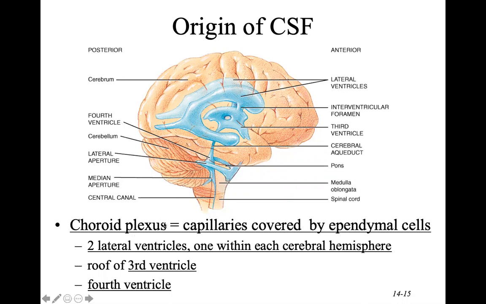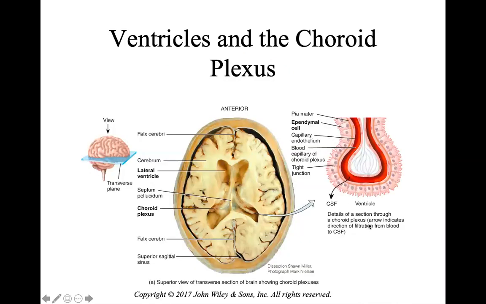The choroid plexus is a little capillary system that's covered by ependymal cells. And those ependymal cells are responsible for producing cerebrospinal fluid.